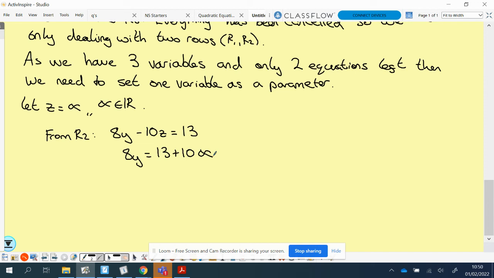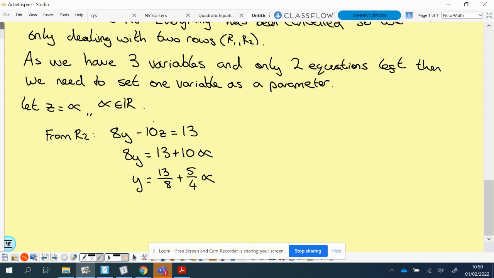Okay, therefore the condition on y would be 13 over 8 plus, well, 10 divided by 8 is 5 over 4 lots of alpha. Okay, so that's a condition on y. If I knew what z was, if I knew what the parameter z was, I would then substitute that into this y condition here. Okay, does that make sense so far? Right, okay.